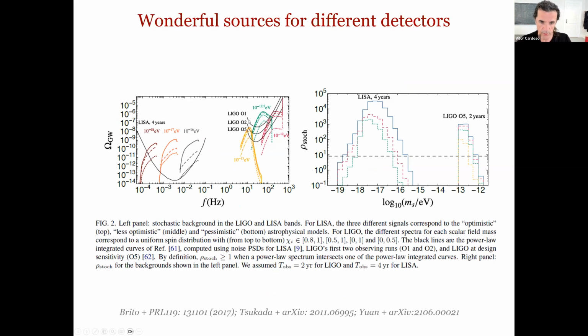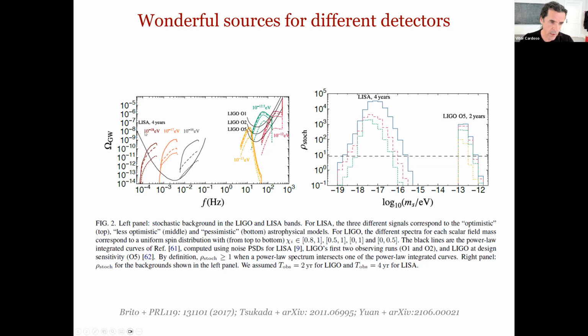LIGO, for example, this is the sensitivity curve for a stochastic background of gravitational waves by LIGO in run O1 to run O5. Okay? The non-observation of a stochastic background is going to exclude bosons in the range of roughly 10^-12 electron volt. So it's a beautiful new era where we can use different detectors to exclude fundamental fields across almost 10 orders of magnitude.